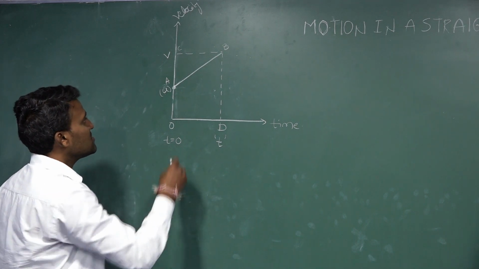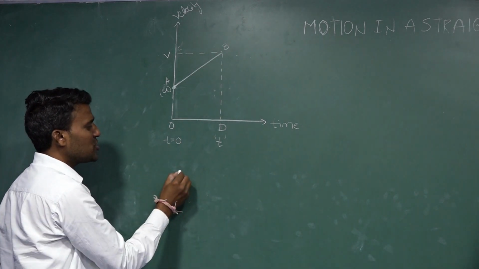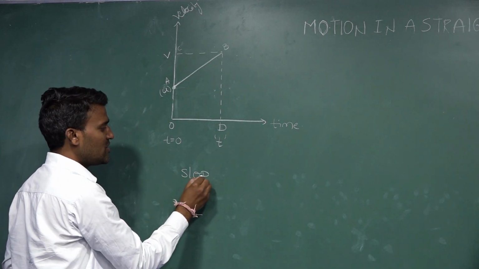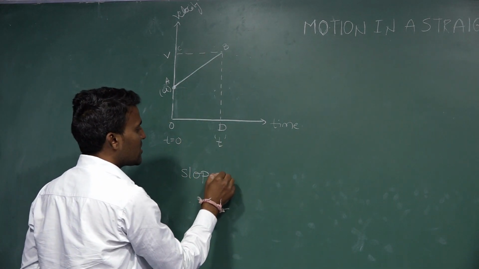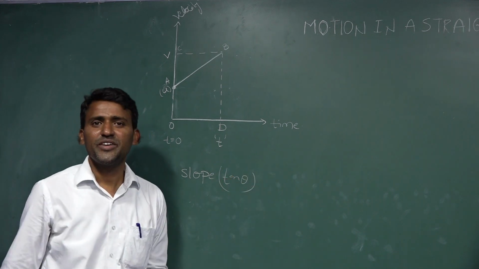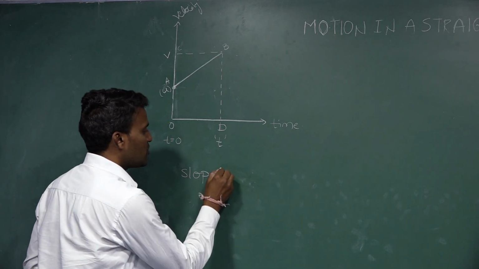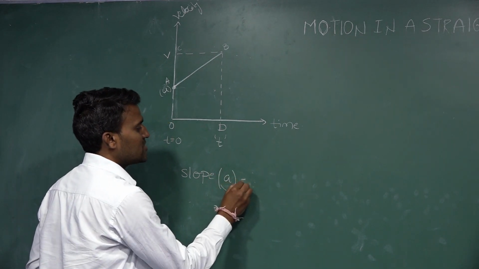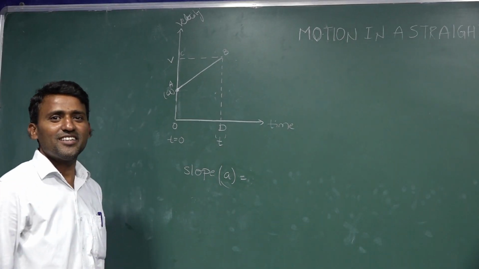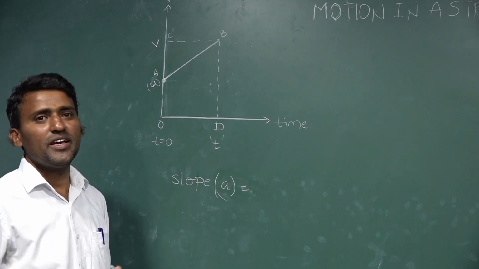Now I am using this slope. What is the slope equation? Everyone knows slope is nothing but tan theta. Here, for your understanding, I am writing slope as a, and I will tell you very clearly why.